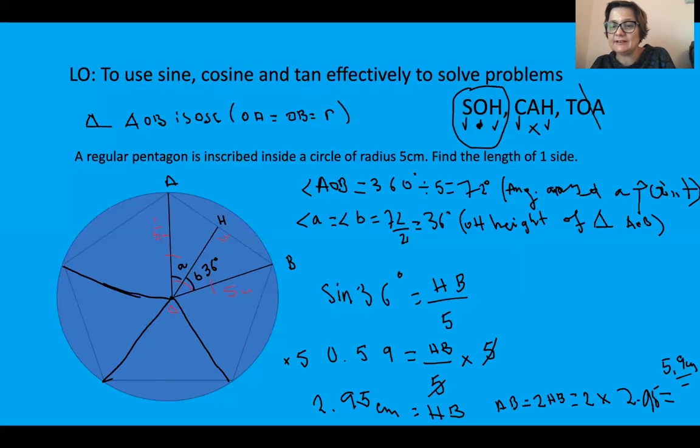And do not forget here to give the reason why AB is 2 times HB: because we already mentioned that OH is a height of the triangle AOB, which is an isosceles. So label it here. Right, just like that. So the side AB is 5.9 centimeters.